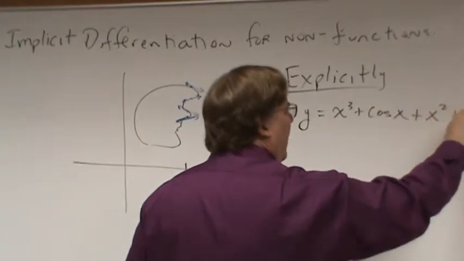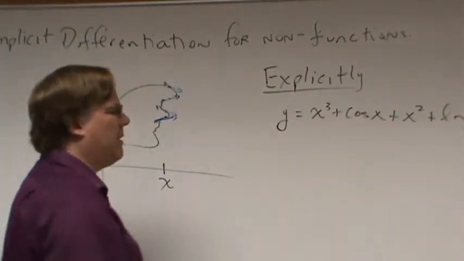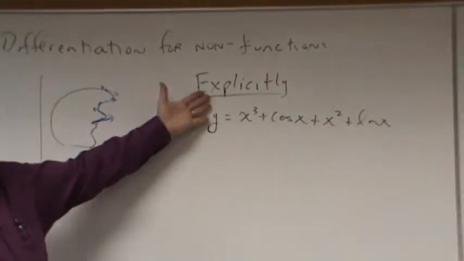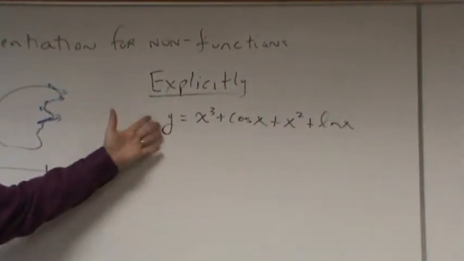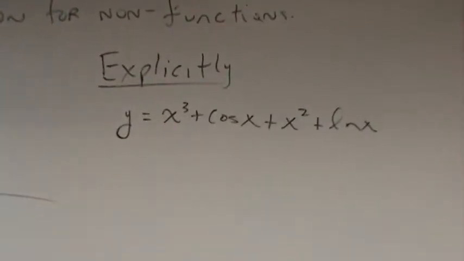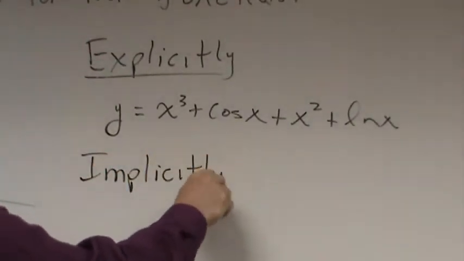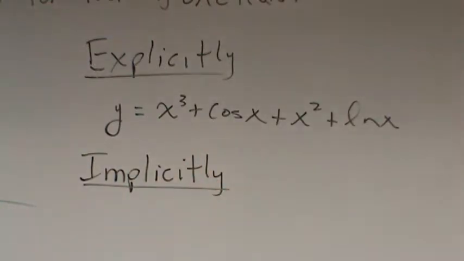It doesn't matter what's happening to the x's, but you need a single y on one side and all your x's on the other, then your function is defined explicitly. But if I've got a relation that's defined implicitly, then you have all your x's and y's mixed up with each other.